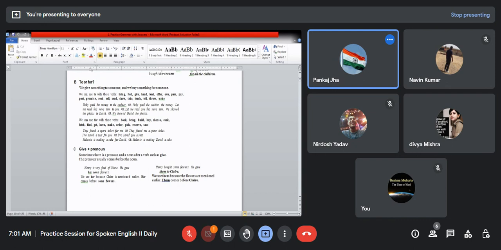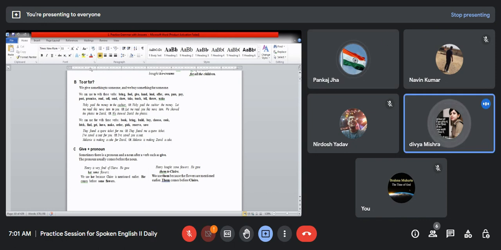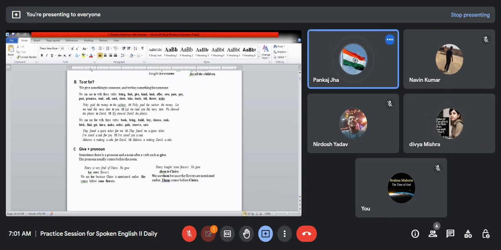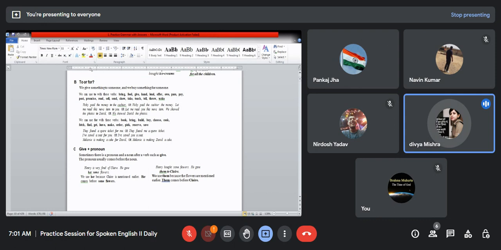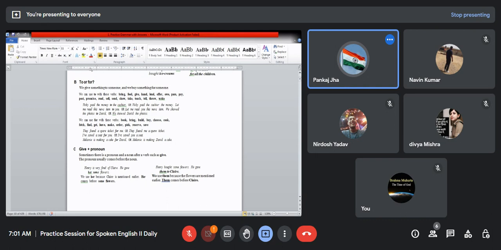My name is Divya Mishra. My father's name is Mr. Ramu Mishra. I live in Gonda. I am reading in class 11th. Which class, Divya?